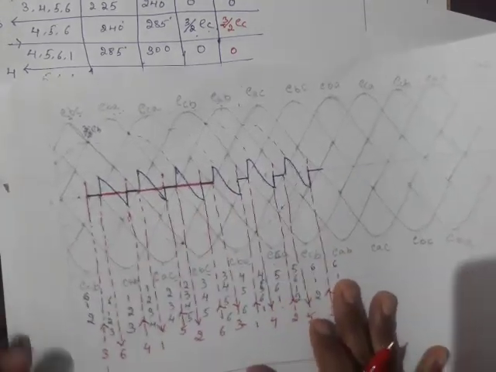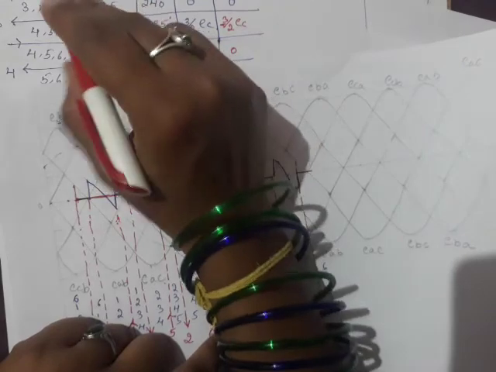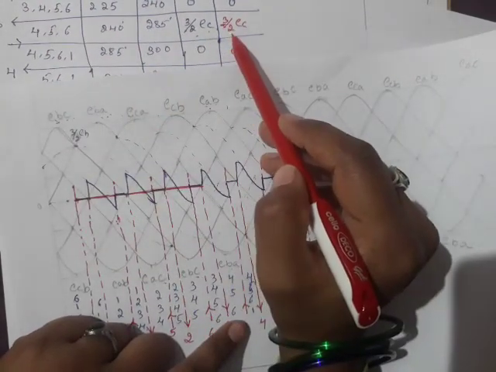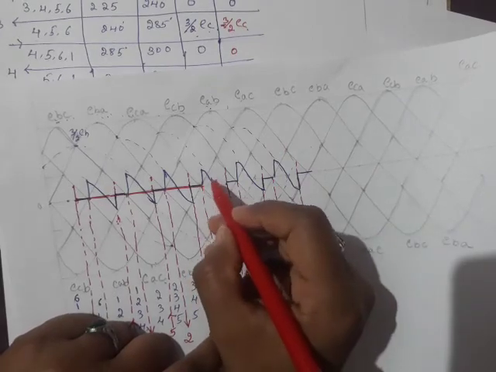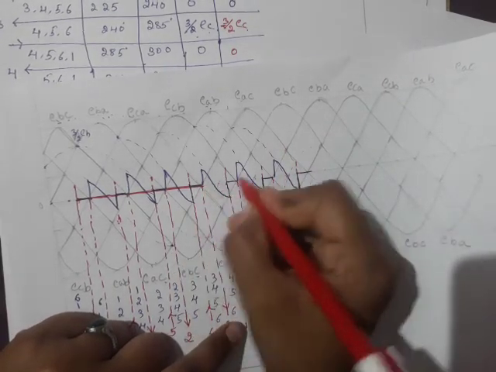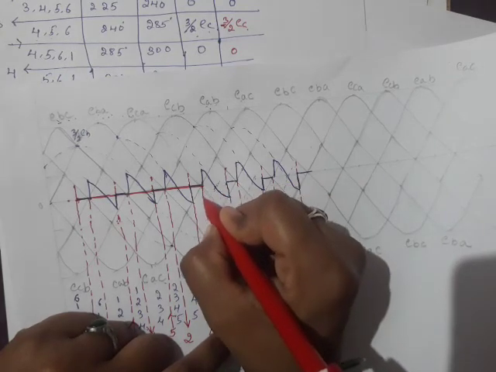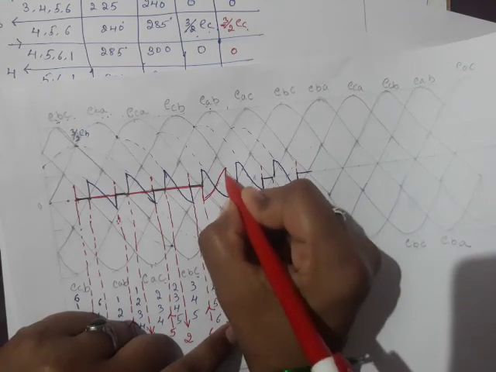Later, when valve 3 goes out of conduction and 4, 5, 6 are conducting, it is minus 3 by 2 times EC. Already we got the output voltage plus 3 by 2 times EC. Minus 3 by 2 times EC means exactly opposite to that. Yeah, here you will get that.